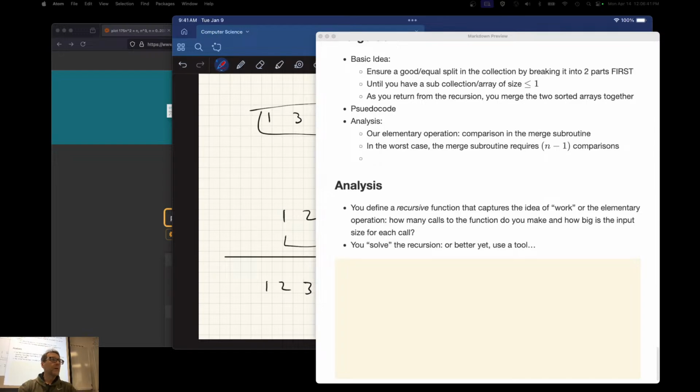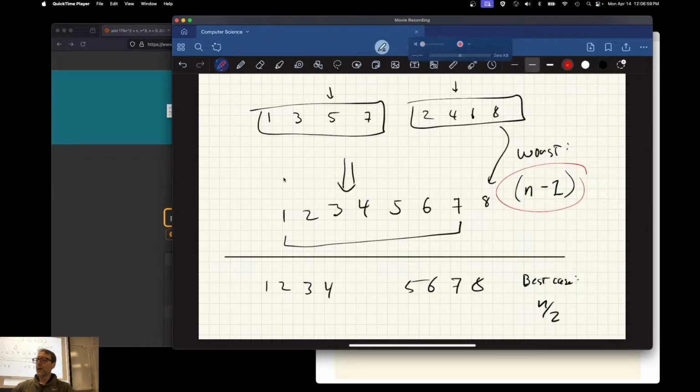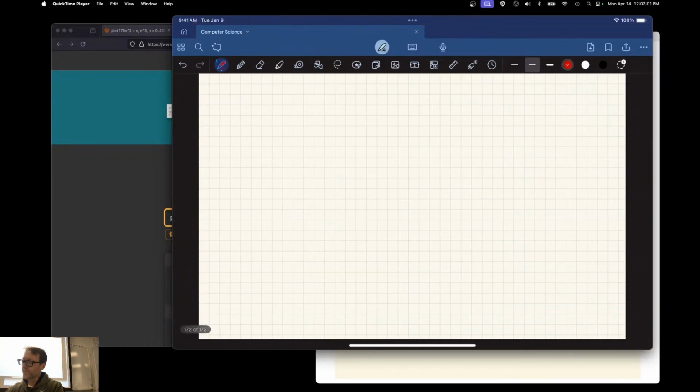All right. So, how many times is the merge subroutine called and on what input sizes? For that, I'm going to set up a recursion. I'm going to say that C sub n is equal to the number of comparisons by merge sort.